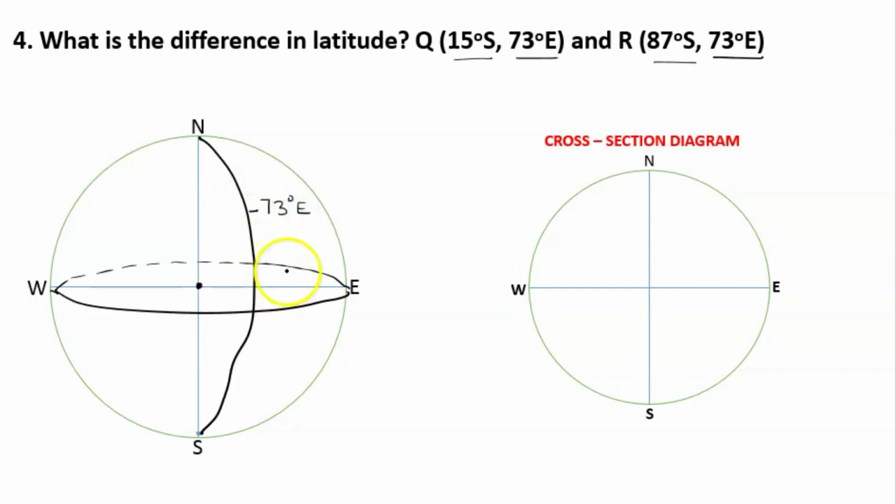Now this intersection that we have here is not either of the points, so let's call it M. It's just where the equator intersected with the 73-degree east longitude line. All right, so now let's take the latitude. We have latitude 15 degrees south. So if I'm at the southern hemisphere, I can just take an arc, and this is my 15 degrees south.